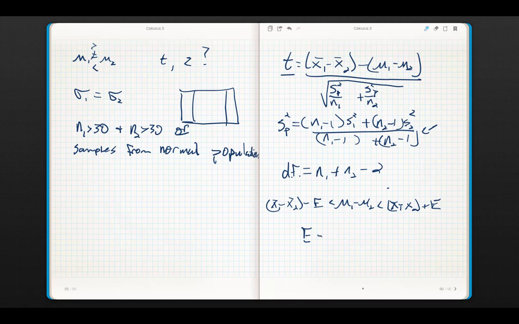E is equal to t alpha over 2, which builds out our confidence interval, and then I multiply it by the square root of the pooled standard deviation squared over n1 plus the pooled standard deviation squared over n2. And that's it. And again, the degrees of freedom for this are just this.